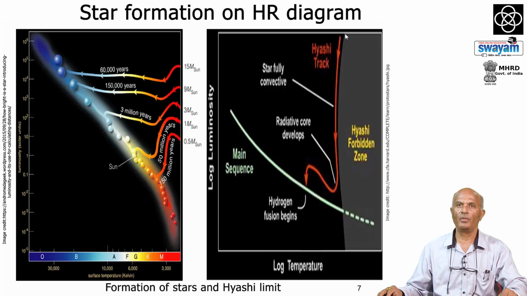If we have a pre-main sequence stage where the mass is less than 0.08 solar mass, it will not end up as a main sequence star. In other words, hydrogen burning will not start in those stars. Thank you.